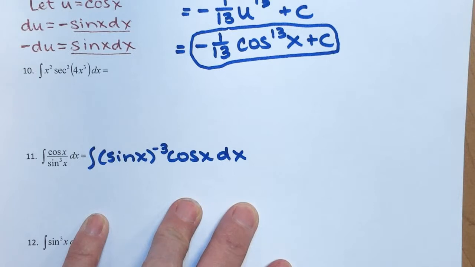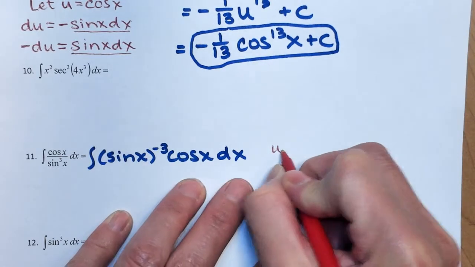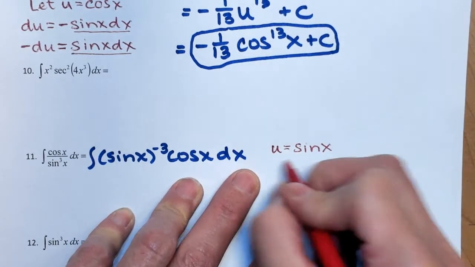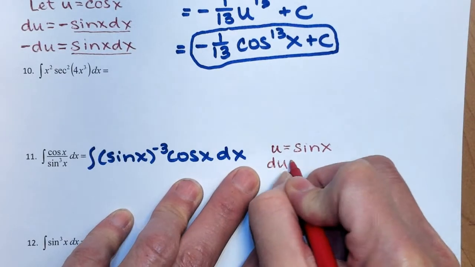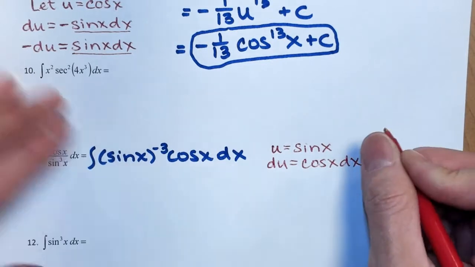Look back at 8 or 9. U should be the function raised to some power. Du can only be raised to the first power, which means I want u to be sine x, which means du is cosine x dx.